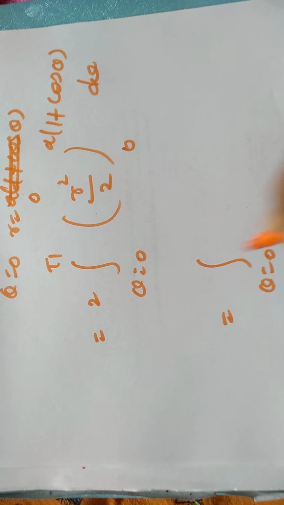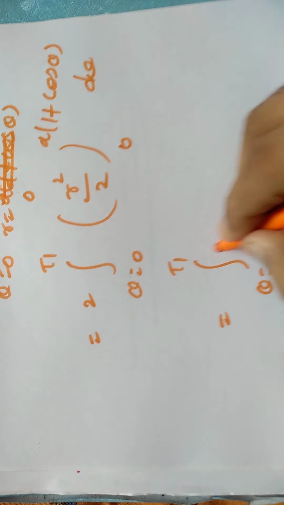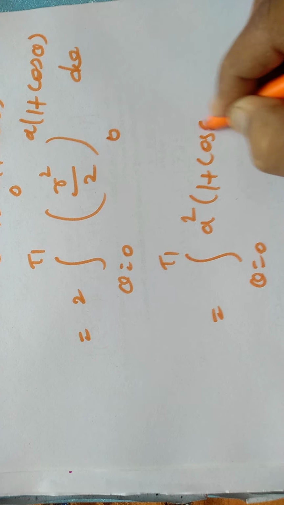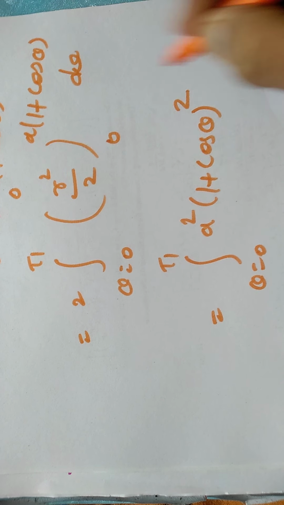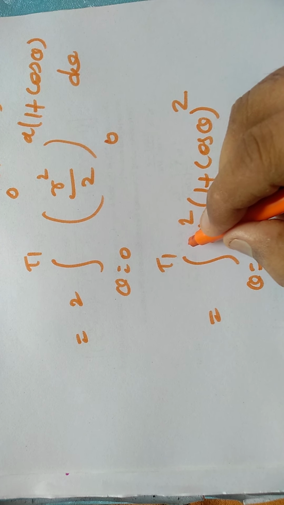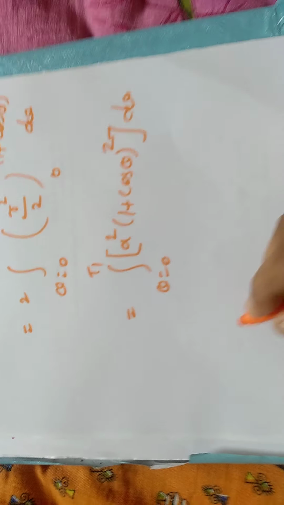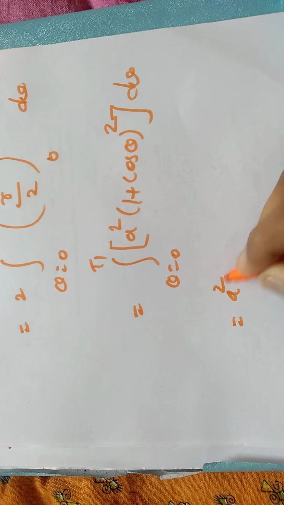Theta varies from 0 to pi. Upper limit you put a square into 1 plus cos theta, bracket square. Lower limit you put 0, into d theta.